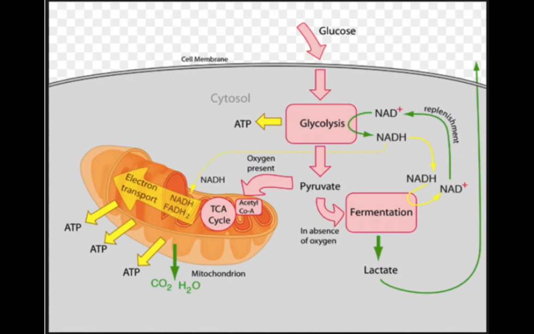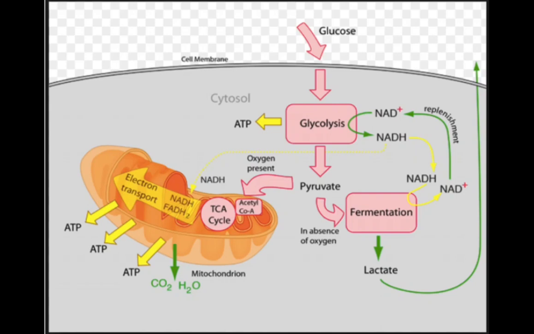Lactic acid can be converted back to pyruvate when oxygen is available. That's when you're huffing, you're puffing, then you slow down, you rest, you get your oxygen levels back up. Lactic acid can be converted back into pyruvate. Pyruvate can then enter the mitochondria for more ATP production.